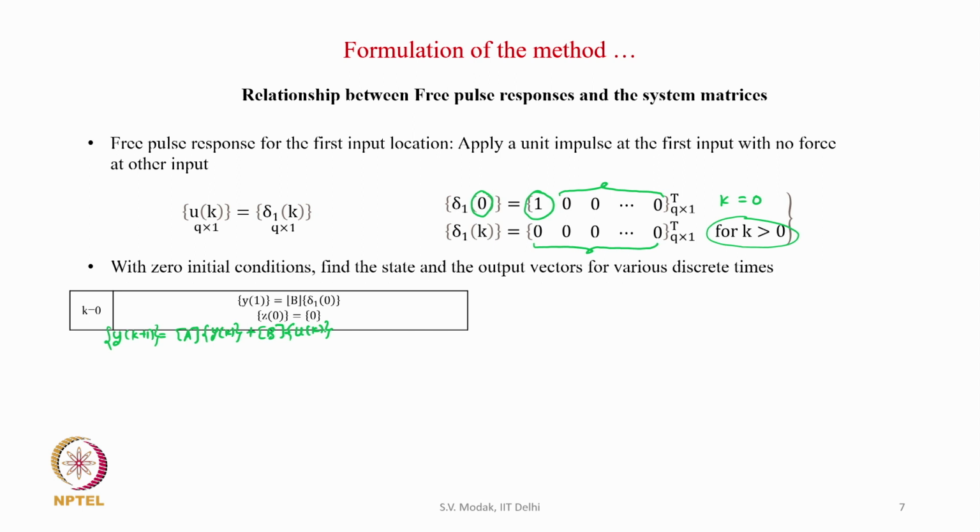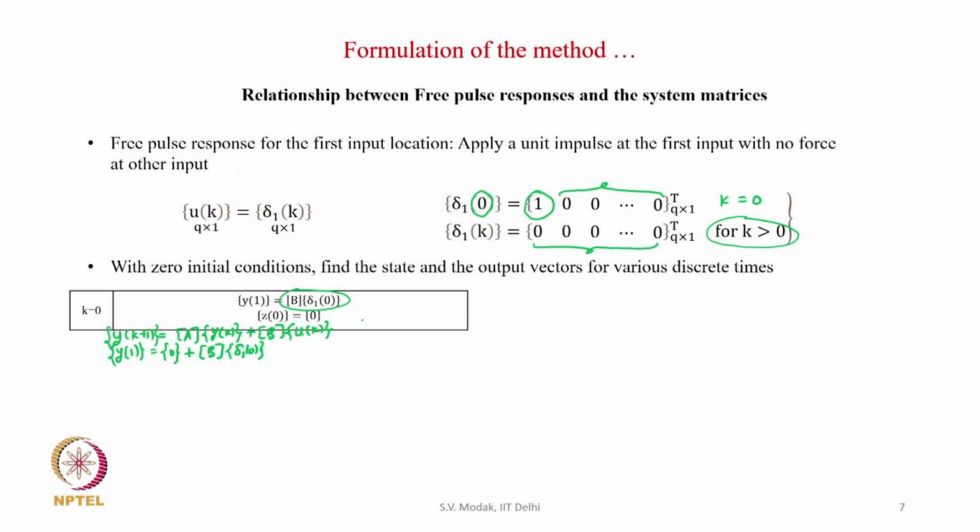So, this was the state equation. Now when we substitute k equal to 0 in this equation, what would we get? We would get y 1 equal to a vector of zeros, because y 0 is 0, plus B into u 0, and u 0 is nothing but delta 1 0. So, that is why we get y 1 as B into delta 1 0, correct.